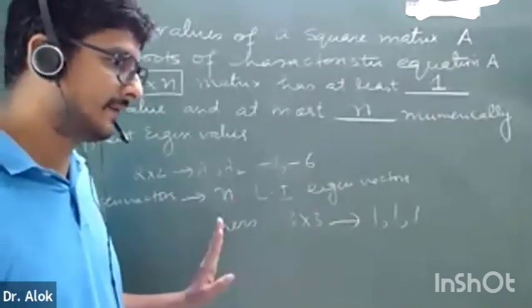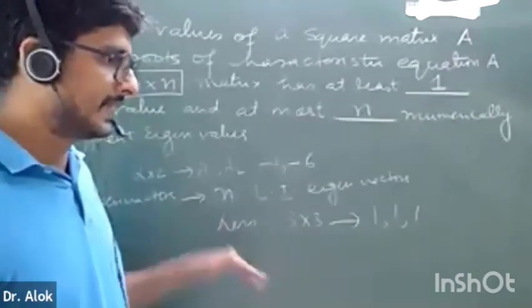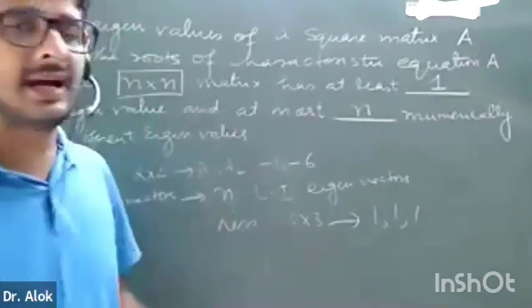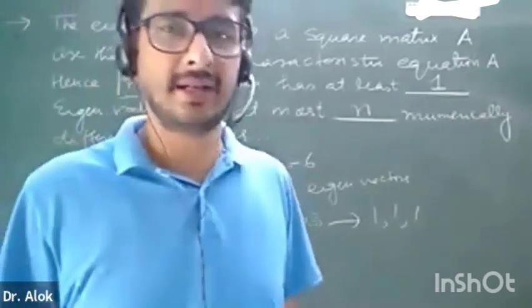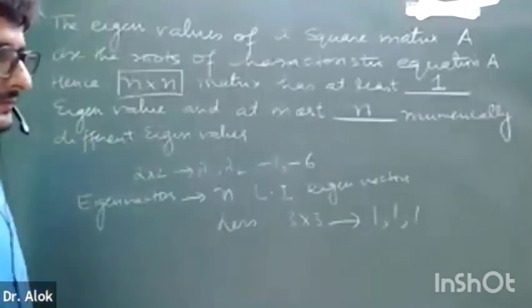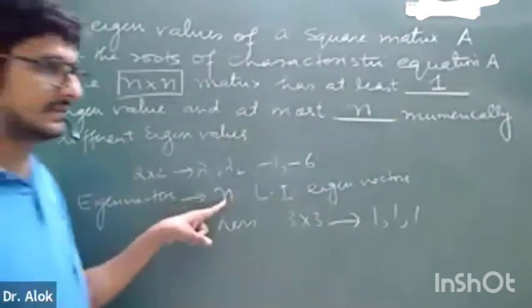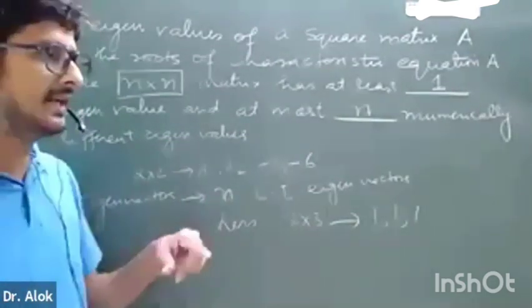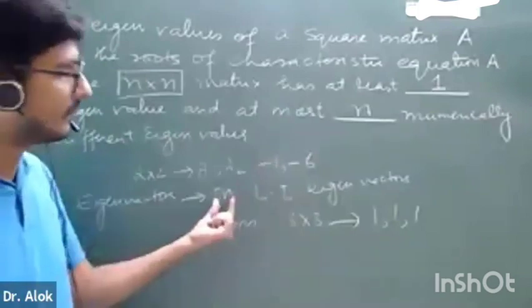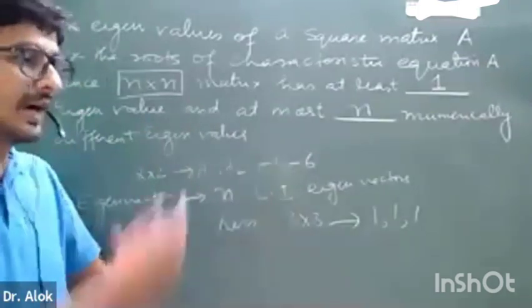This point is okay? Like in our case, how many linearly independent eigenvectors did we get for the 2 cross 2 matrix? Two. So it was this case. But there was a possibility that if you wrote it again you got the same eigenvector. You can't change it.